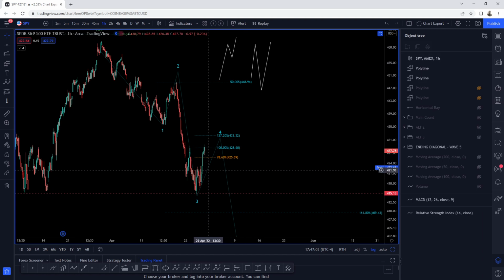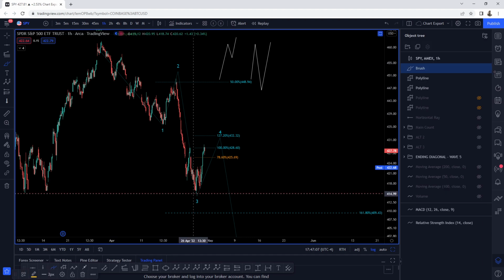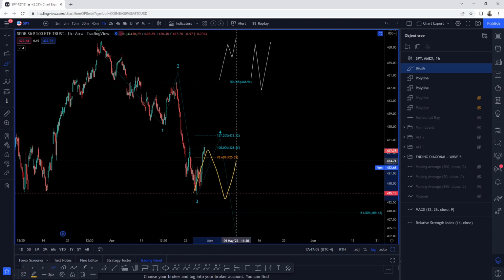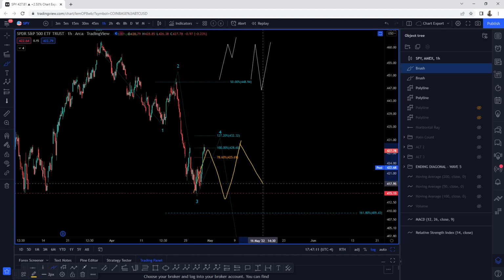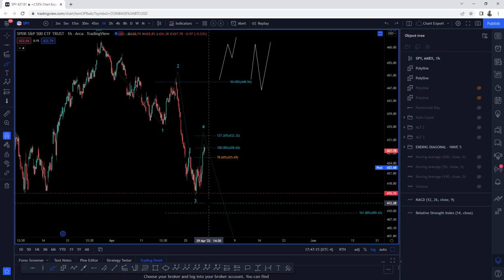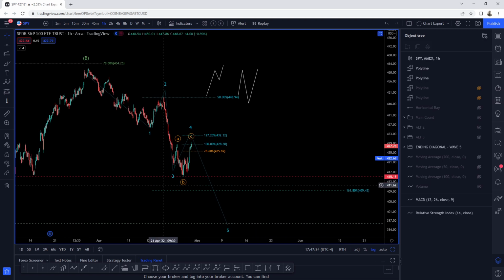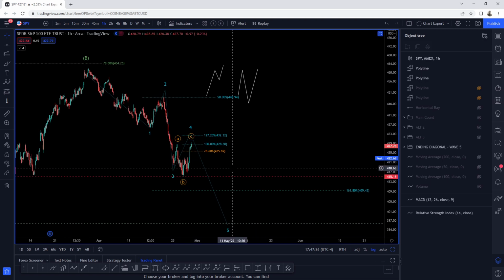Or maybe this is the A down, B up, C up, and then we go lower. So it'll be something like this: A, B, and C into a flat, and then we go lower. Okay, that is also a possibility. But for now, we are going to operate under the assumption that this is wave 3 completion, wave 4 is done, and we are moving down to further price action to break the lows here on April the 27th.